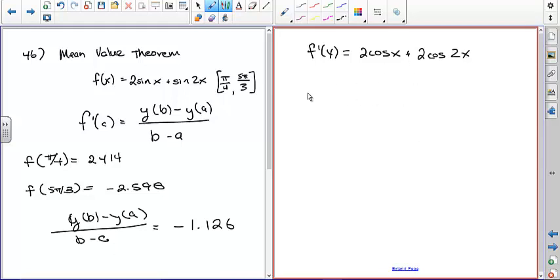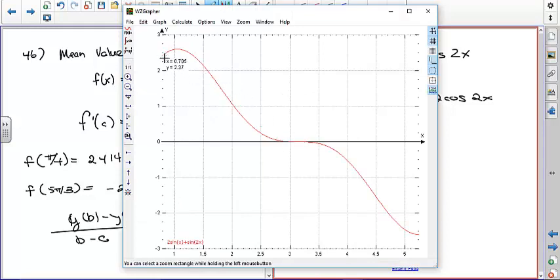Okay, so that's the derivative. So what you do is you set this equal to the value here. So you get negative 1.126 is equal to 2 cosine of x plus 2 cosine of 2x. And if you look at the graph, you can imagine, so this is the average slope.